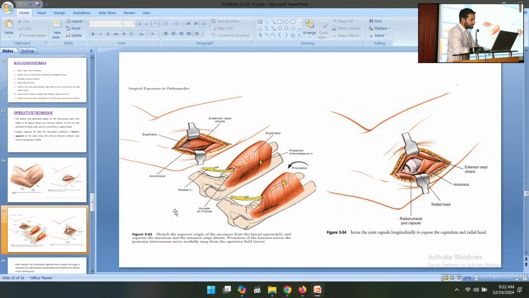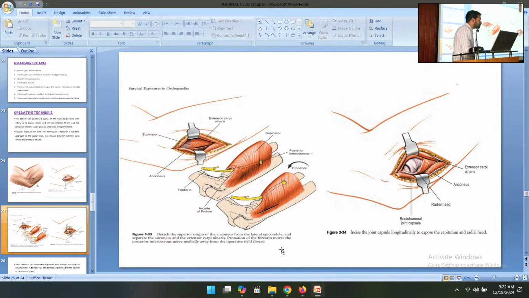Detach the superior origin of the anconeus from the lateral epicondyle and separate the anconeus and extensor carpi ulnaris. Pronation of the forearm moves the posterior interosseous nerve medially away from the operative field.